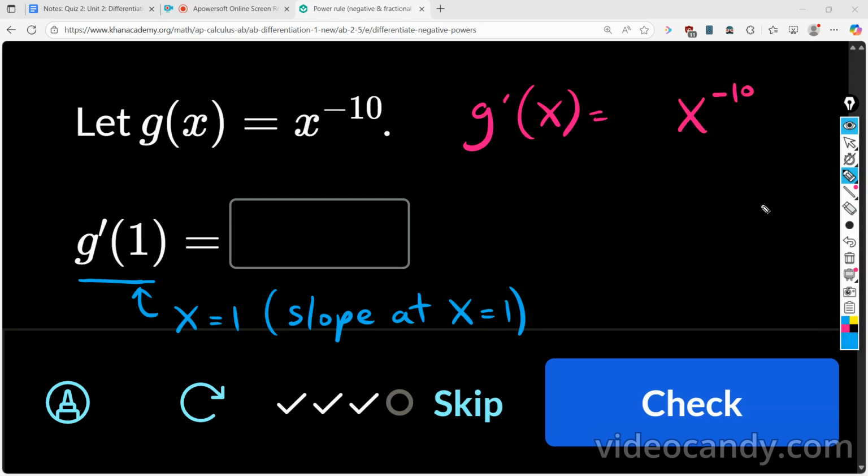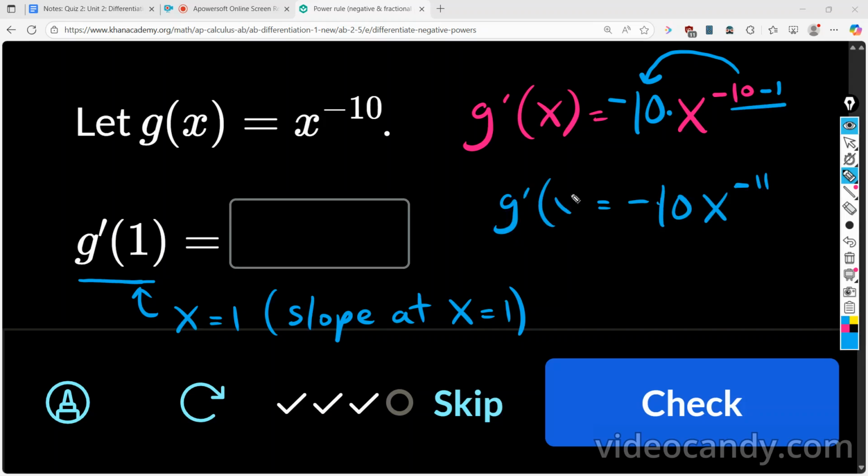As always, you take that exponent, move it out front, so that's negative 10 times x, and the exponent gets decreased by 1. Negative 10 minus 1 is going to be negative 11. So that's g prime of x.